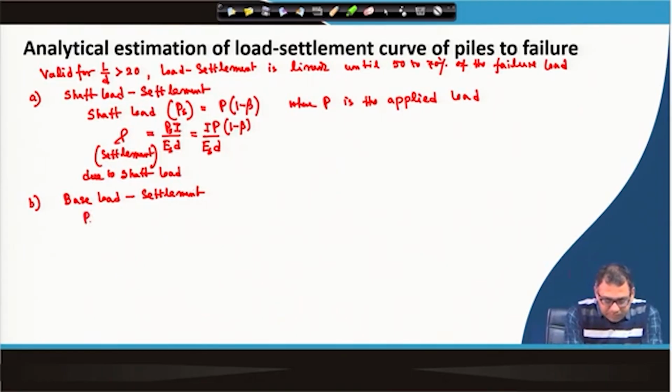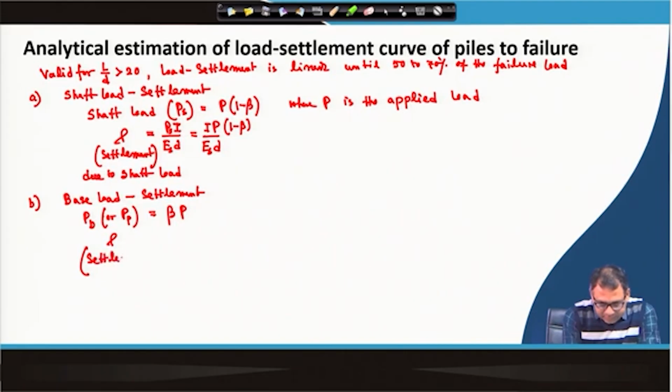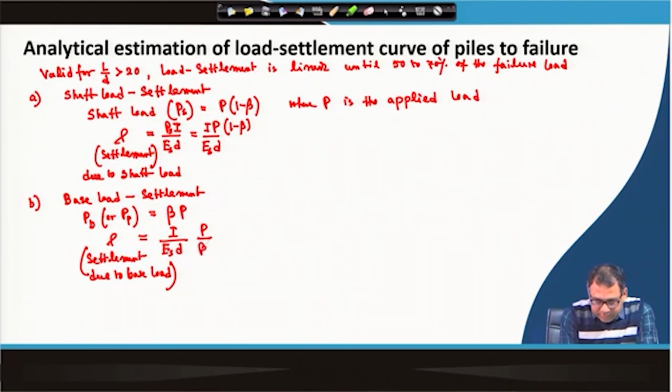The base load Pb, or Pp, is equal to beta into P. So, assuming a linear relationship between the load and the settlement, we will get the settlement due to the base load will be equal to how much? I by E_s D and then P_b by B.